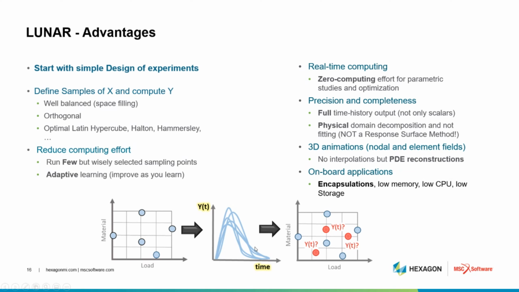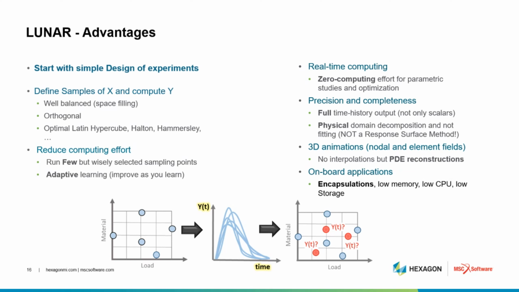We have a time response from simulation, and after that we can derive the other magnitude we want. So it's important to design your DOE very well, and you can reach adaptive learning, where the system learns and improves as you learn and becomes more autonomous.